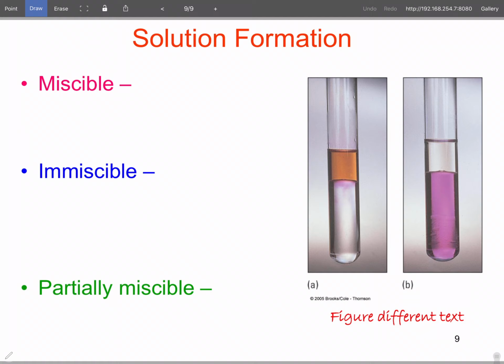Okay, so the last thing I want you to look at is some other terms. These are kind of the last ones. In the next section, we're going to go into how solutions form. We have miscible, immiscible, and partially miscible. This is an interesting word, but what it means is miscible will mix in all proportions.